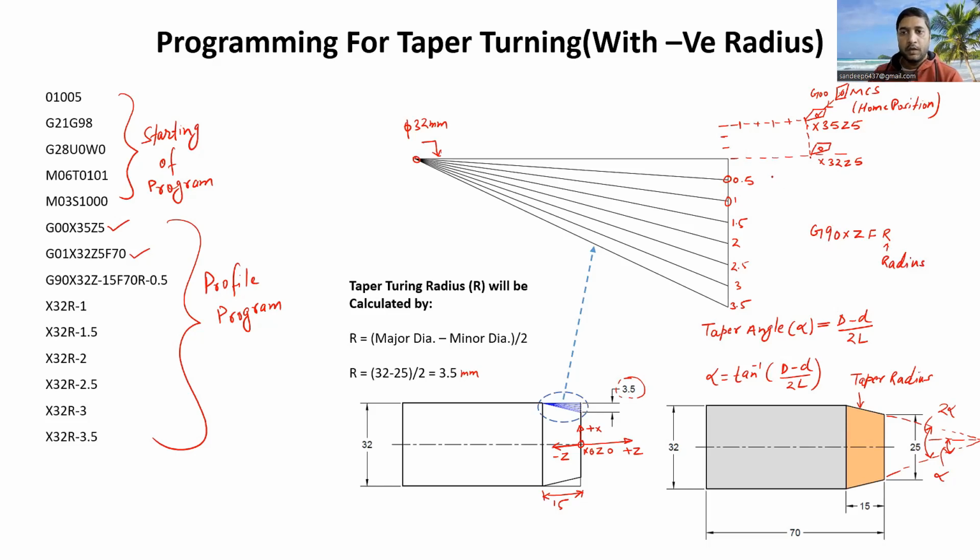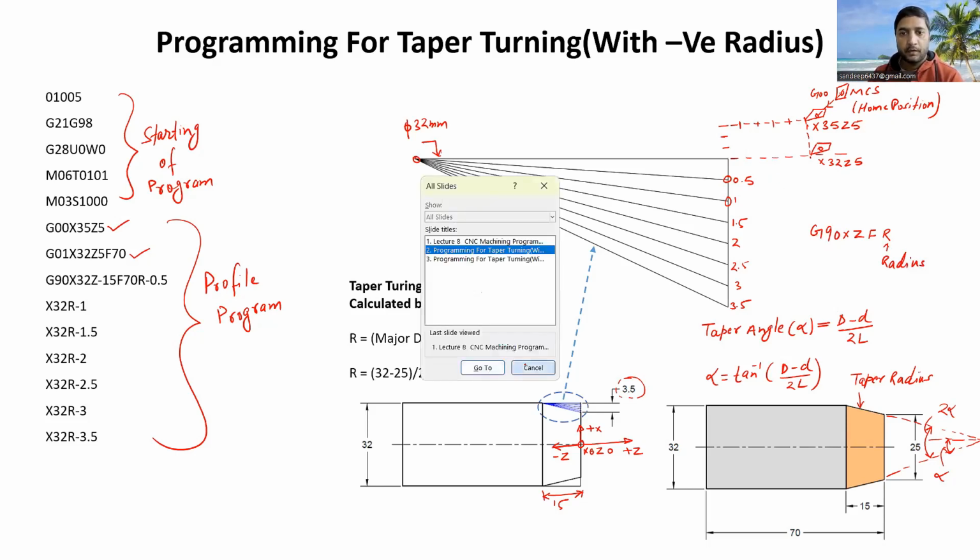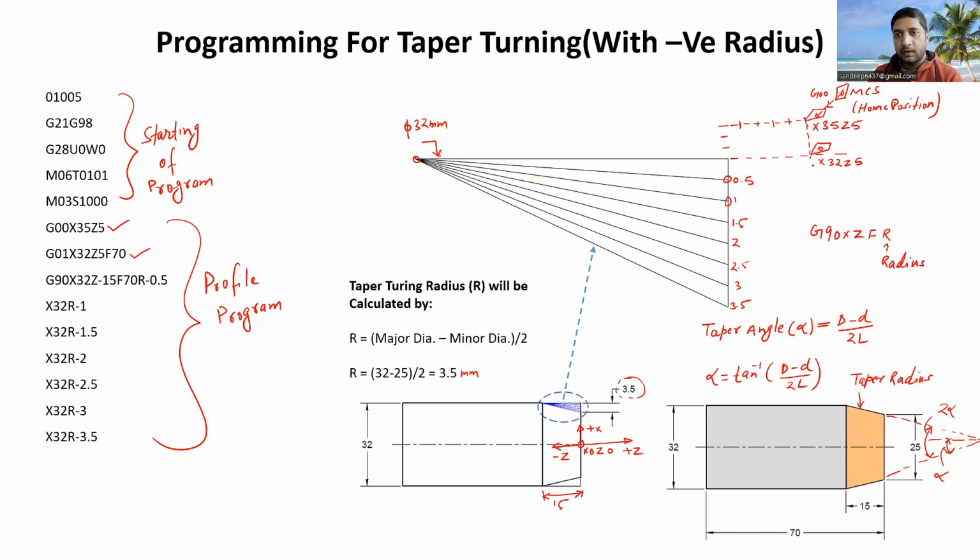So it will execute this first line. The cutting tool will come down up to here, then it will move on this line like this, and it will reach here.